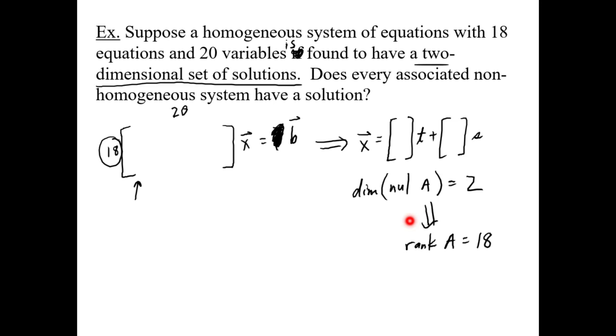The non-homogeneous solutions will not be unique. They're not going to be unique at all, because there are these parameters. But every system will be consistent because every single row has a pivot. If I put a vector over here, there's no way for a pivot to be in that augmented column, because every row already has a pivot. Sorry if that was a little confusing. I got lost there a little bit.